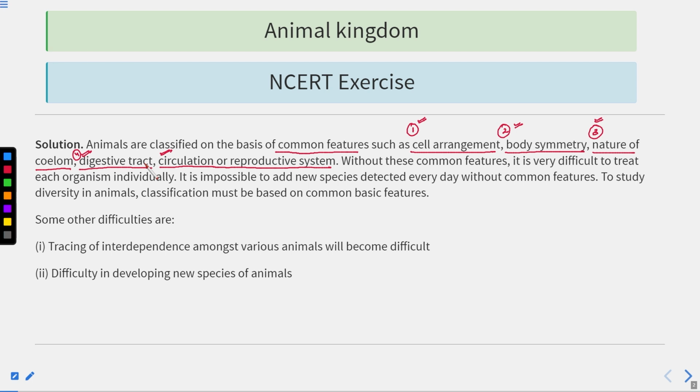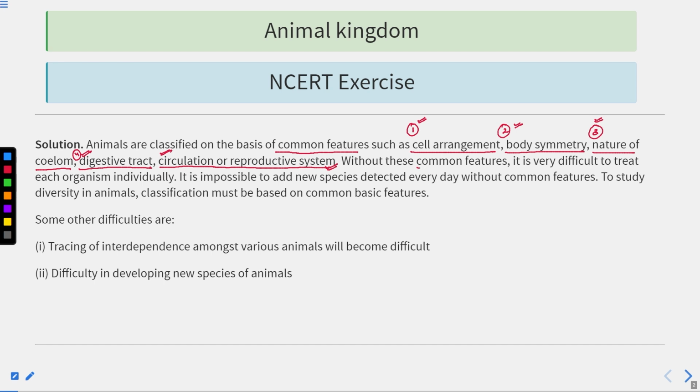Digestive tract, that is complete or incomplete. If it is having two openings, then it is called a complete digestive tract or digestive system, and if it has only one opening, that is the mouth and no anus, then it is called an incomplete digestive tract. Circulatory or the reproductive system is also there. We do consider this feature.